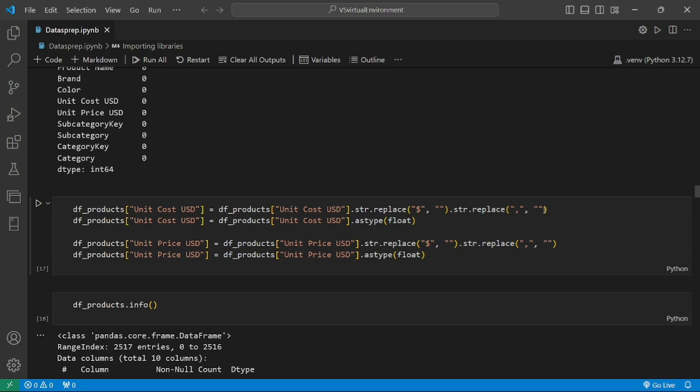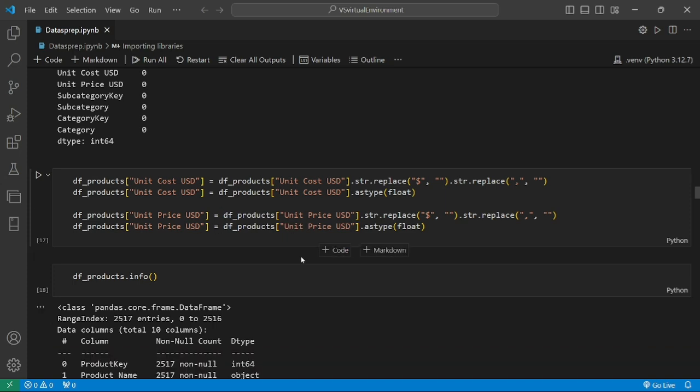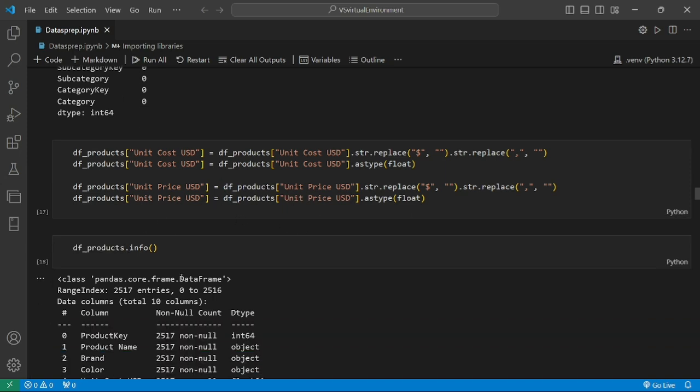Instead of the dollar sign we are going to replace with nothing, and instead of the comma also nothing. And we are going to change the cost USD type into float, and the same as the price. Okay, let's see the info now.